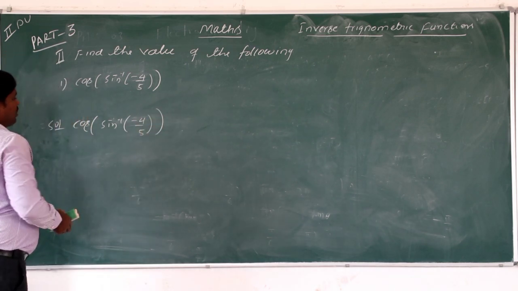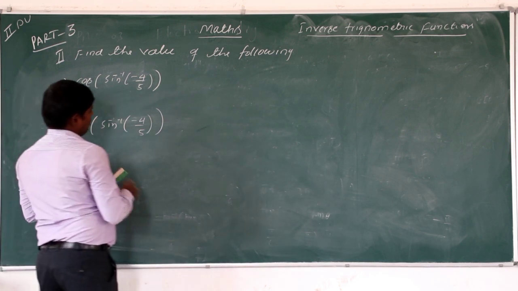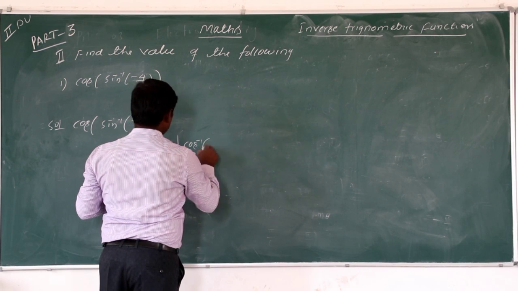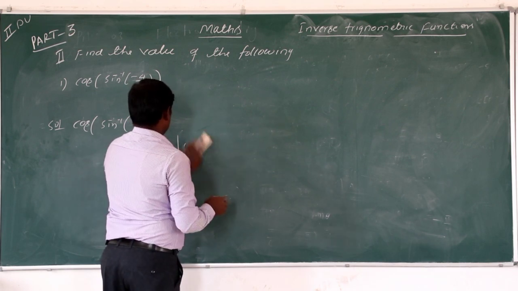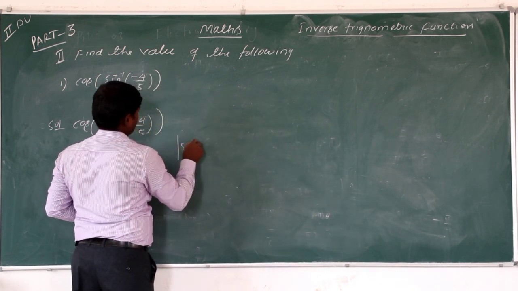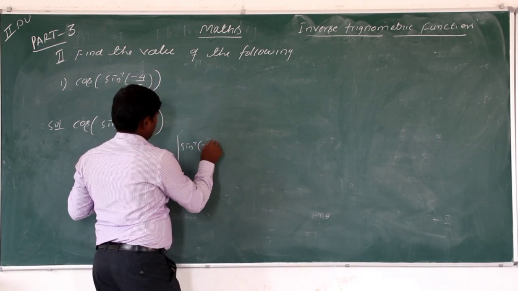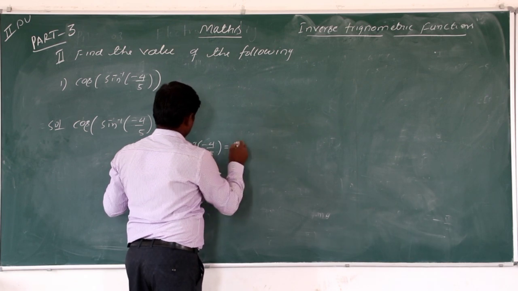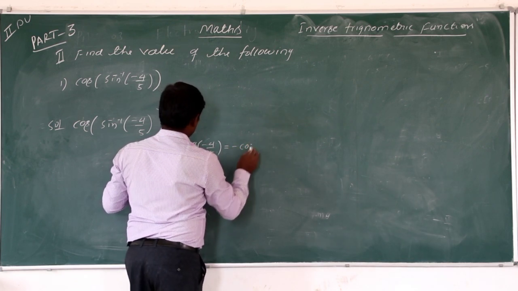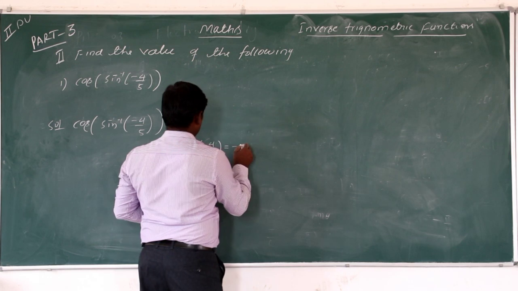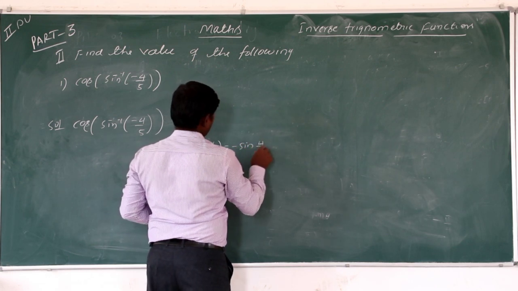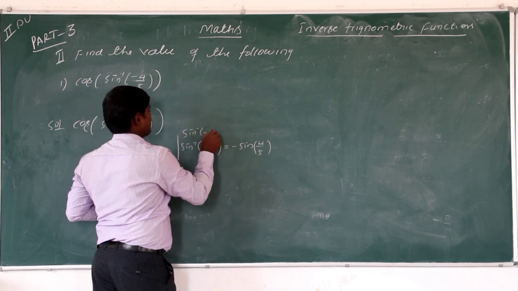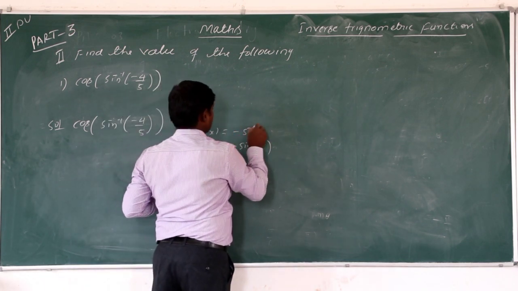By the properties, you know that sin inverse of minus 4 by 5 is nothing but minus sin inverse of 4 by 5, because sin inverse of minus x is equal to minus sin inverse of x.